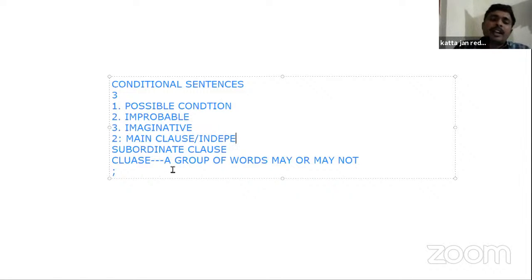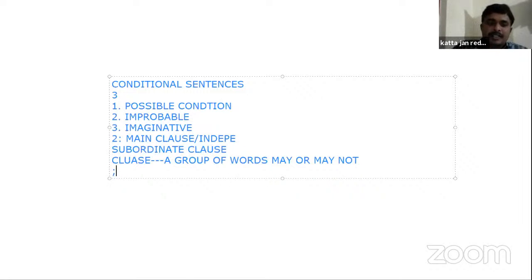And a clause which may not give complete meaning is known as the subordinate clause, and it is also known as the if clause and also the dependent clause. Main clause, subordinate or if clause or dependent clause.